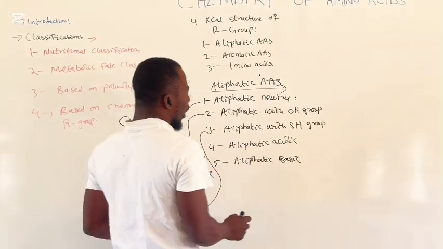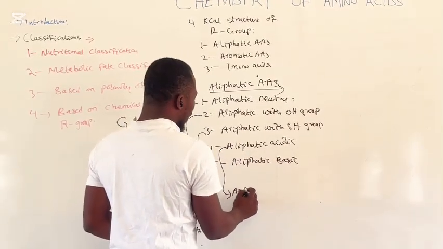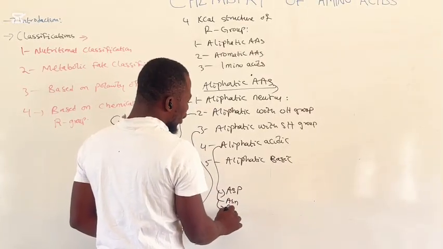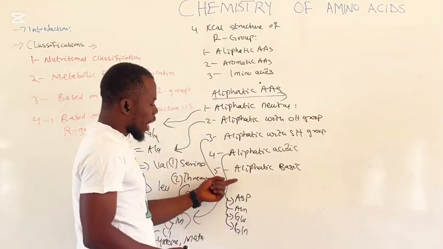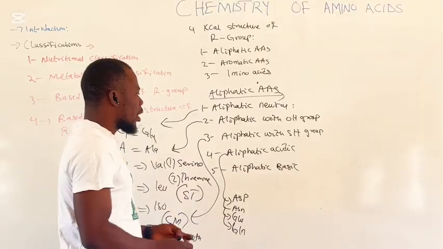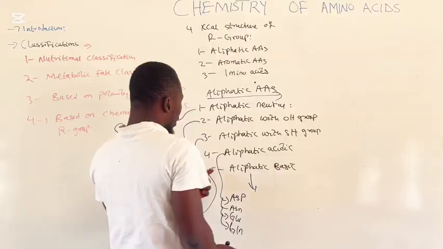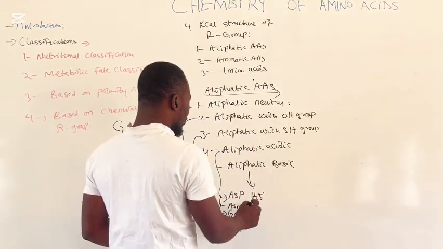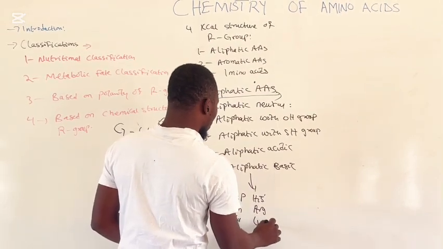Aliphatic acidic amino acids include aspartate, asparagine, glutamate, and glutamine. So aspartate, asparagine, glutamate, and glutamine are aliphatic acidic amino acids. Whereas aliphatic basic amino acids are histidine, arginine, and lysine.